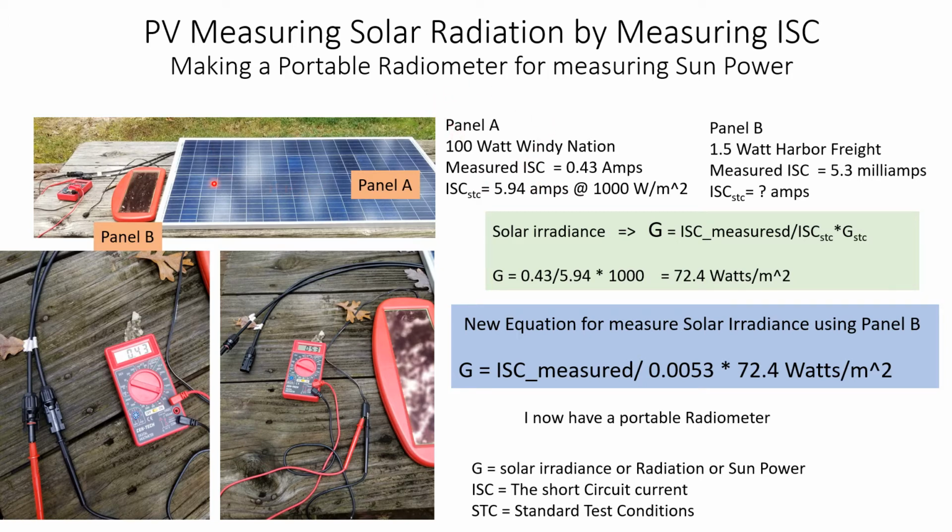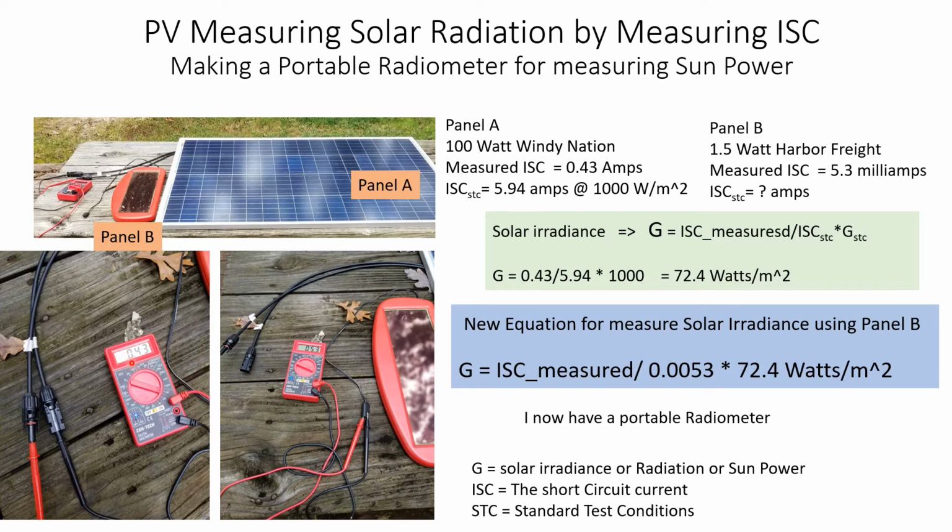Panel A is a 100-watt Windy Nation solar panel. I'm measuring the short circuit current. I'm using the 10 amp input on my multimeter, and I have the selector switched to the 10 amp terminal.